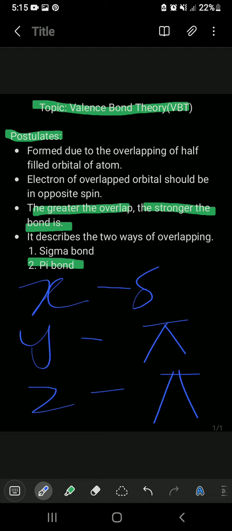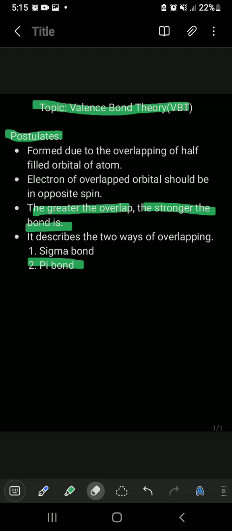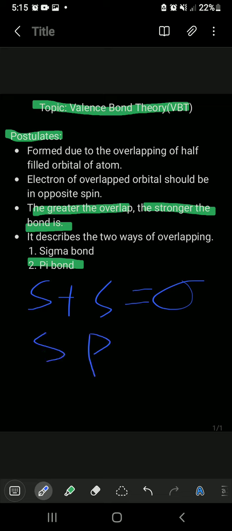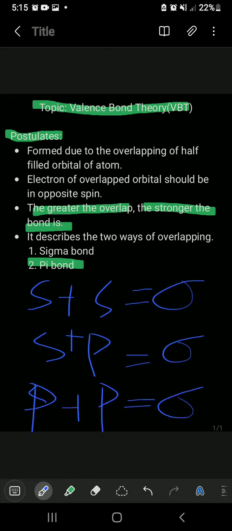Now what is the difference between sigma bond and pi bond? Sigma bond is stronger than pi bond because it overlaps more. We discussed the types of sigma bonds: s plus s is a type of sigma bond, s and p is a type of sigma bond, and p plus p is a type of sigma bond.